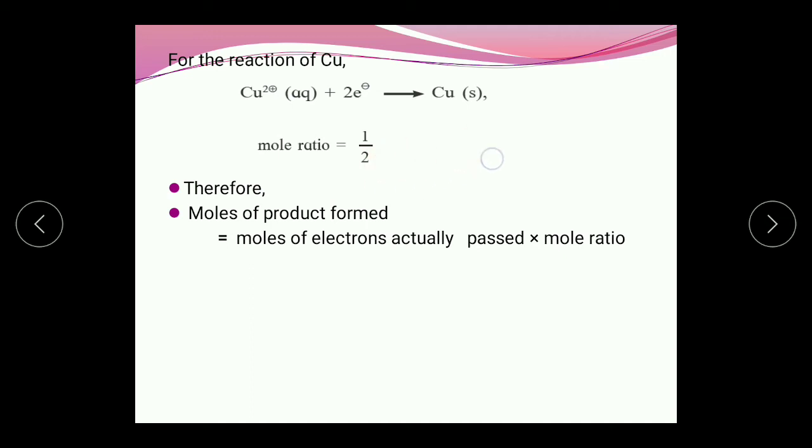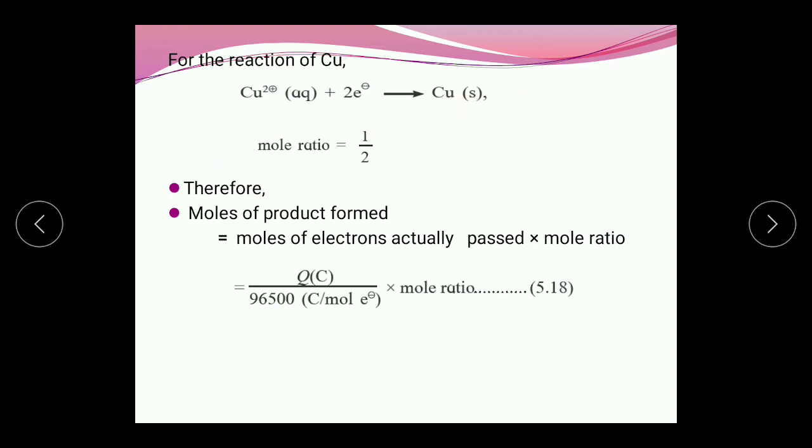Moles of electrons actually passed we got in the second step, and the formula is Q upon 96,500. We multiply that by the mole ratio, and the mole ratio for every reaction is different because it can be calculated from the stoichiometry of the reaction.